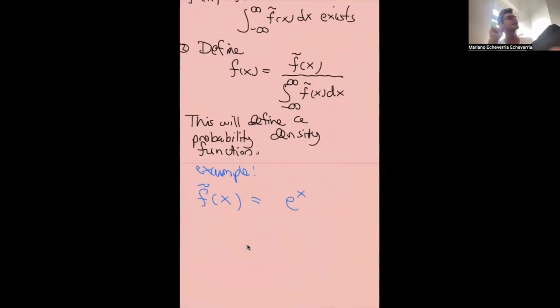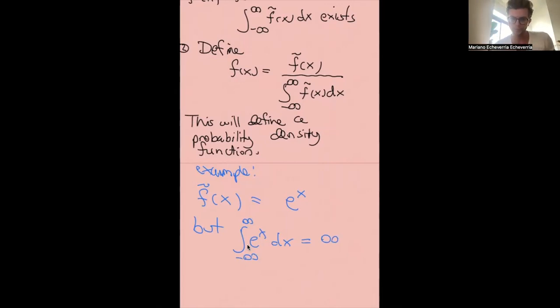This is e to the x. I like that function, but the problem with e to the x is that the improper integral of e to the x is infinite. We'll spend a lot of time today on that one, but we can still fix e to the x a little bit.